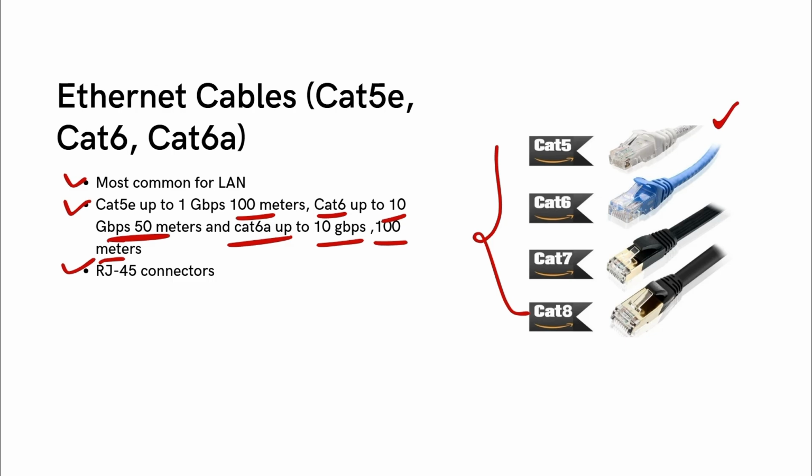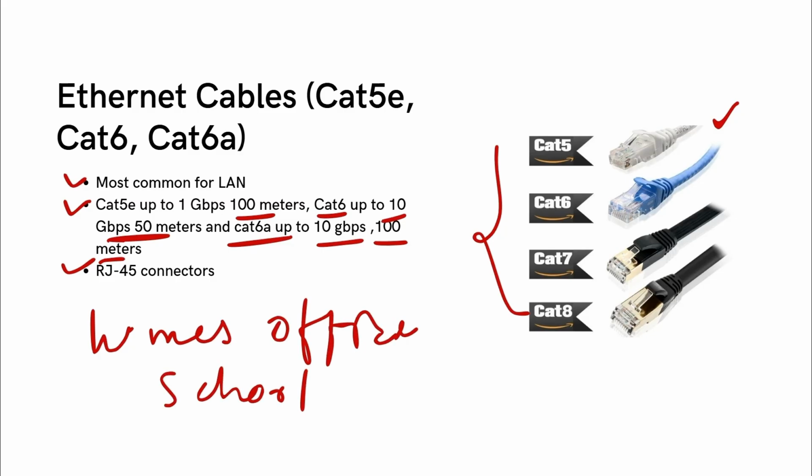Where we use these cables, we can use this cable at home, offices and school for a LAN connection. And why we use this cable? Because this is cost effective and easy to install.